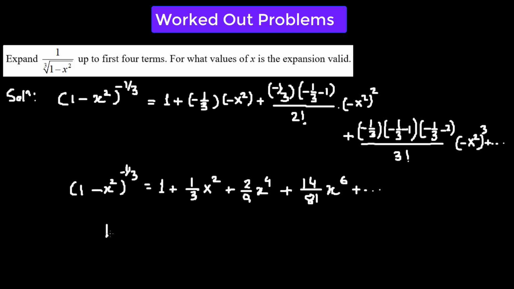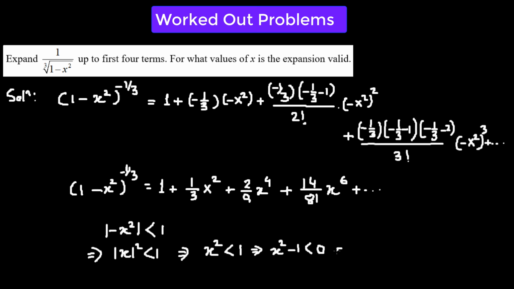Now we find out the condition. The absolute value of negative x squared must be less than 1, which implies that the absolute value of x squared is less than 1, or we can simply say that x squared is less than 1, which implies x squared minus 1 is less than 0.